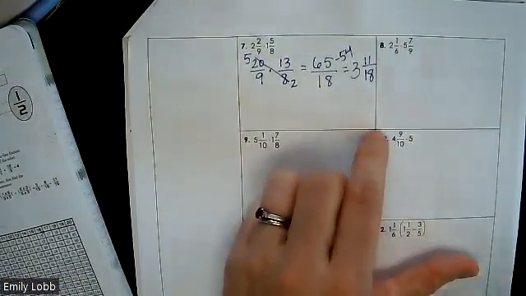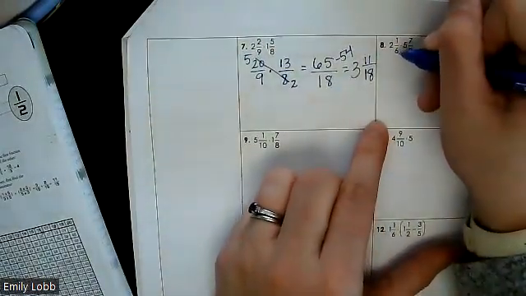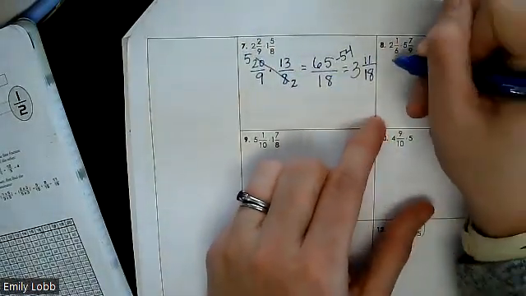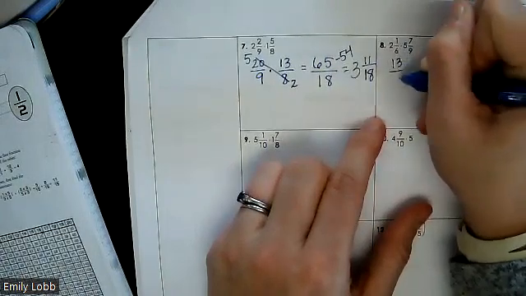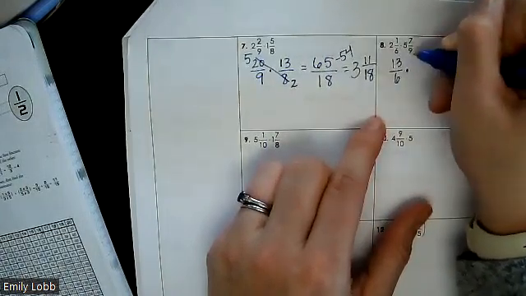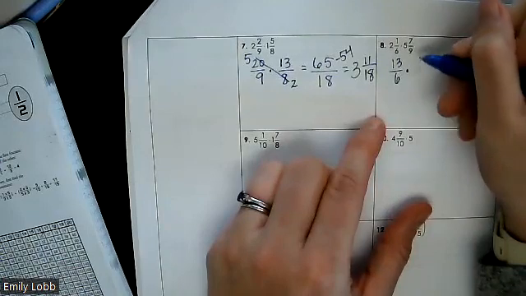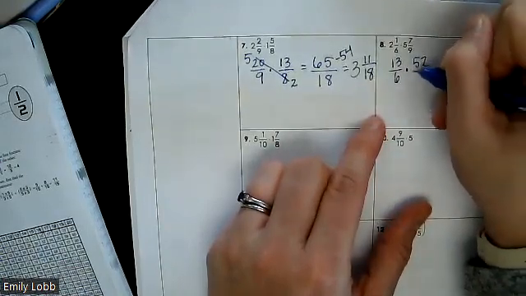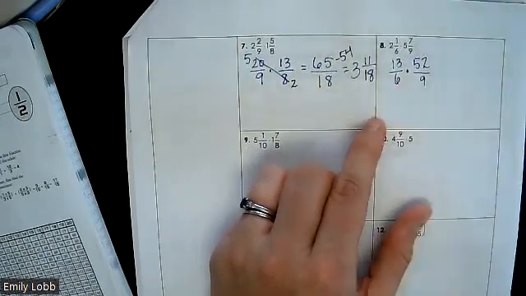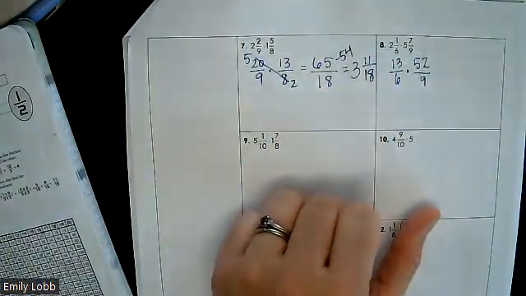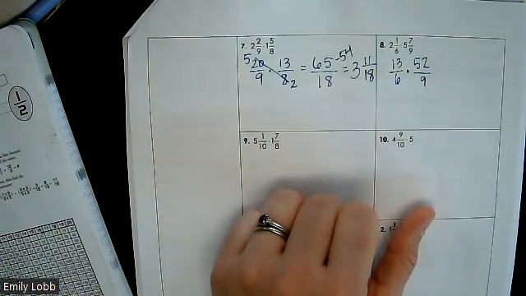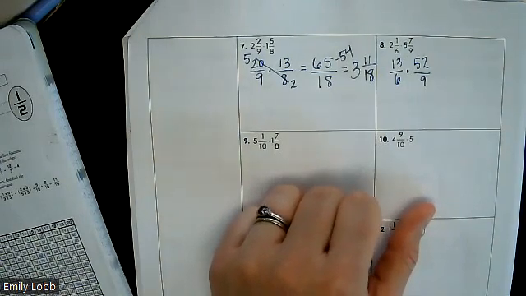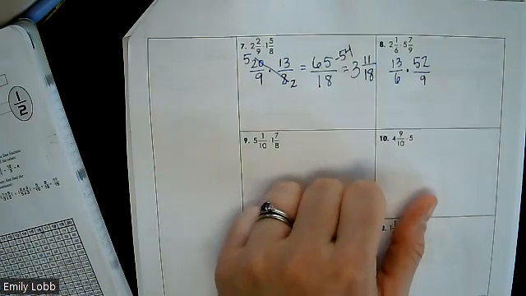6 times 2 is 12 plus 1. 9 times 5. 45 plus 7. These don't look very pretty, do they? Why would they do this to us?